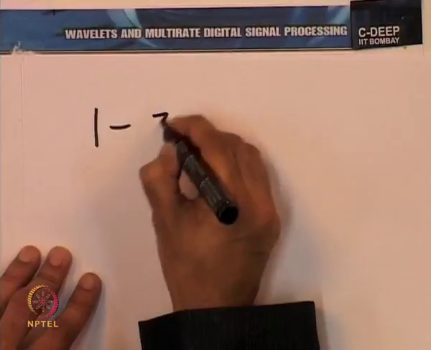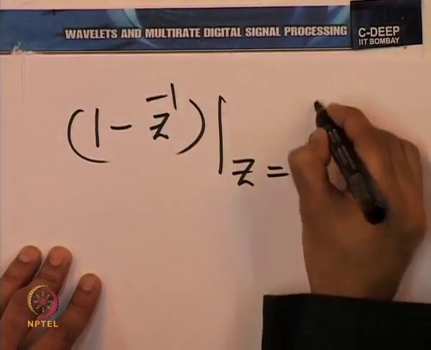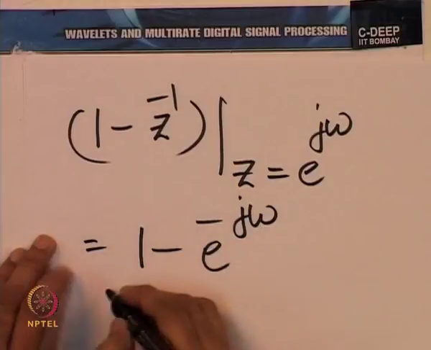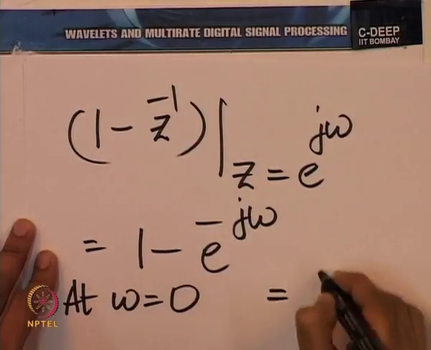You know, 1 minus z inverse, when we substitute z equal to e raised to the power of j omega, vanishes at omega equal to 0. Let us verify that. So, when we take 1 minus z inverse and substitute z equal to e raised to the power j omega, we get 1 minus e raised to the power j omega, and when we put omega equal to 0, we get this is equal to 0.